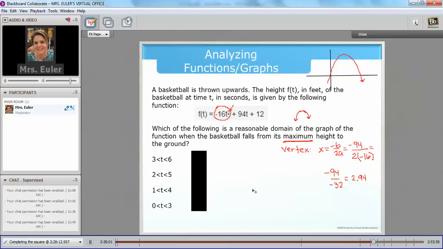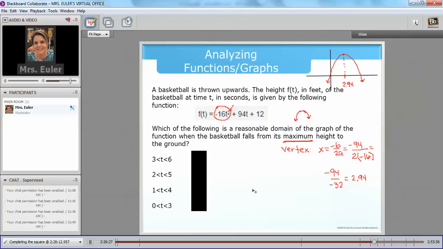Plane, I've got a basketball that's doing something like this. And this makes sense, right? The basketball's thrown upward and it comes back down. That's what we would expect it to look like. This maximum point we just determined is at 2.94, or 2.9 something. I can't remember exactly what it is, but you can calculate that.